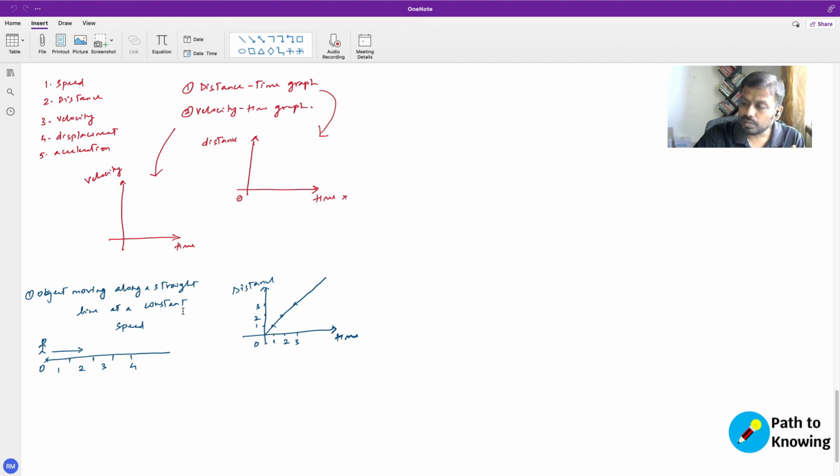Now let's take another example where the object's speed is not uniform, an object that moves, here also along a straight line, but with a non-uniform speed.